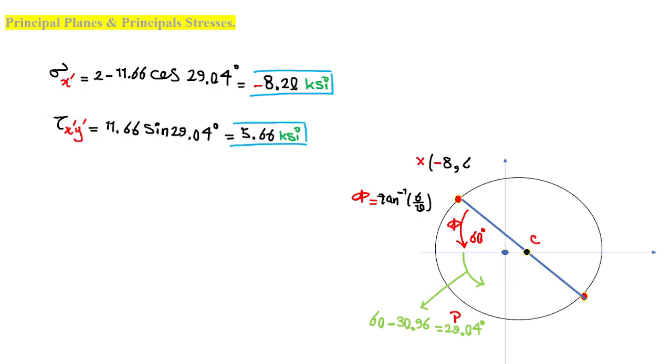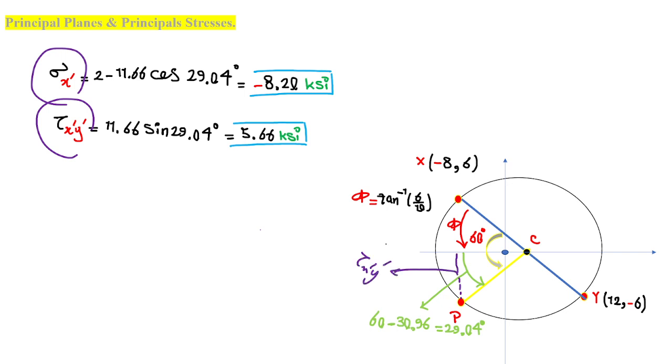And as soon as we have calculated that one, we can easily go for sigma x prime and tau x prime y prime. How is that? This amount is tau x prime y prime, and sigma x prime is, this is our C, this is our origin. This amount is sigma x prime from our origin. So it just gives us a negative 8.2.